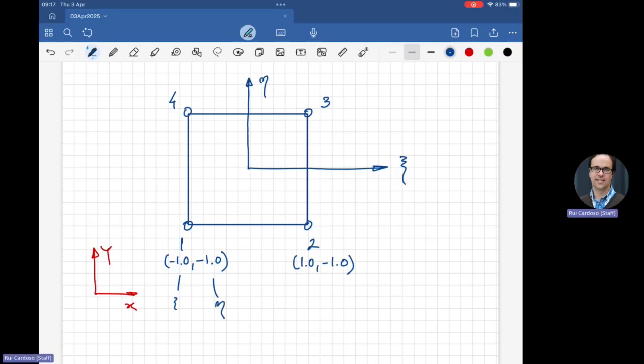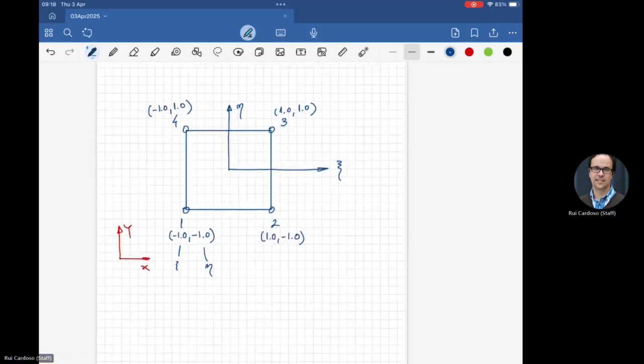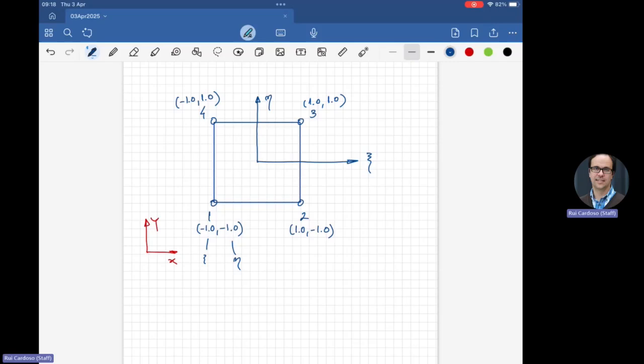Node 3 will have plus 1, plus 1, and node 4 minus 1 in the xi direction and plus 1. So in this coordinate system, this element always has this shape, a perfect square, and the coordinates of the nodes at the corners are always minus 1 or plus 1.